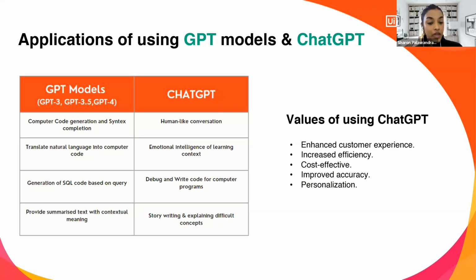We can improve accuracy by fine tuning, and personally, I think that's one of the advantages of being able to fine tune the model, not just have a raw model and put it out there, but you can personalize that product.